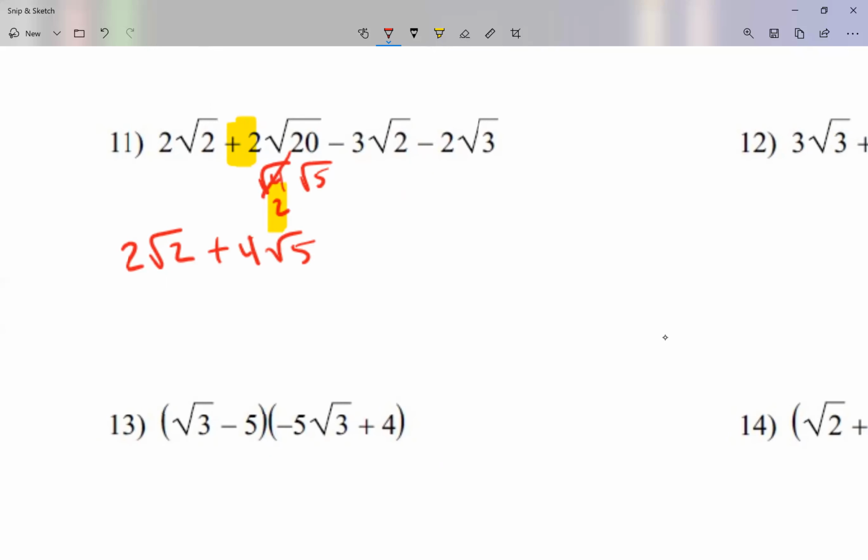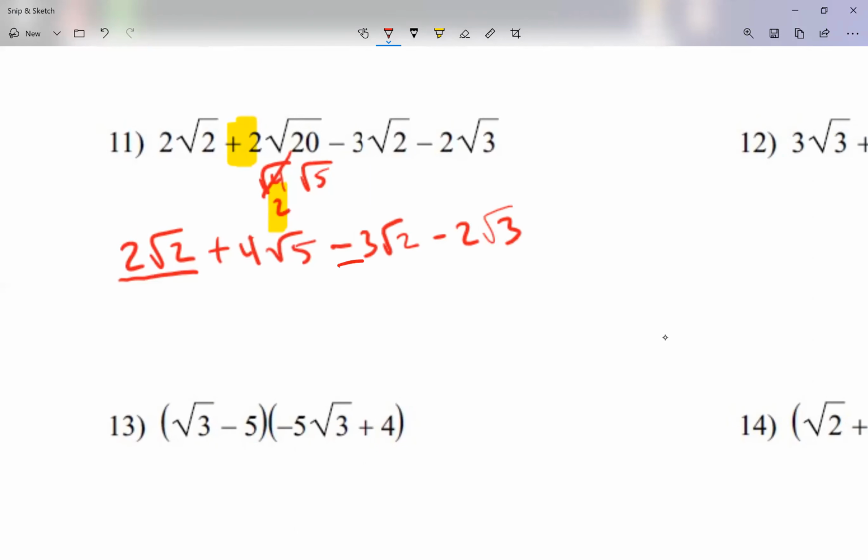Okay, the next term, radical 2, nothing I can do. So minus 3 radical 2. And then the last one, minus 2 radical 3, nothing I can do. So I simplify all my radicals, then combine like terms. I see these two can be combined. They have the same radical.